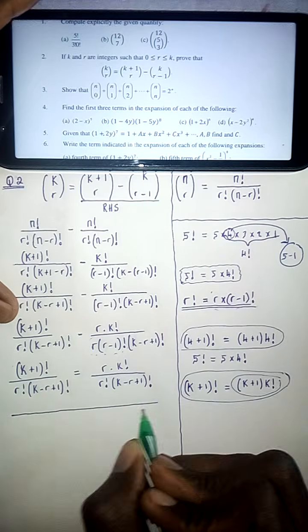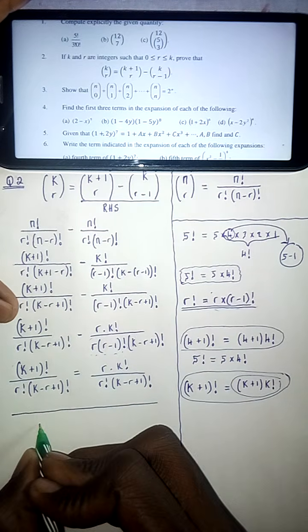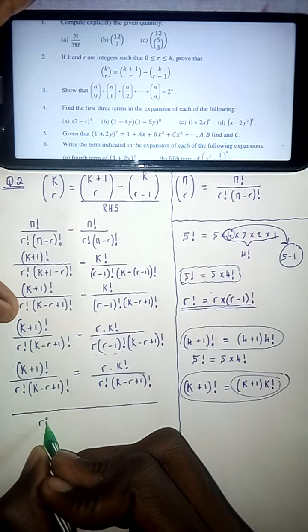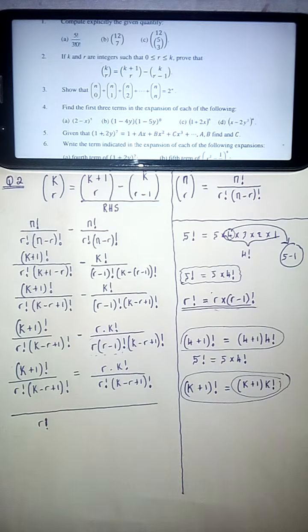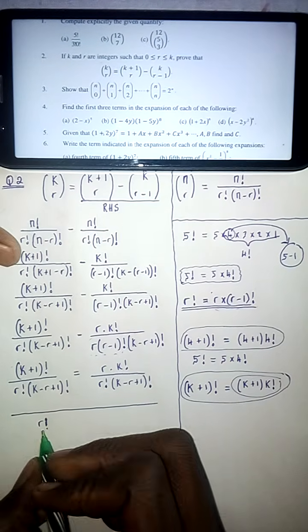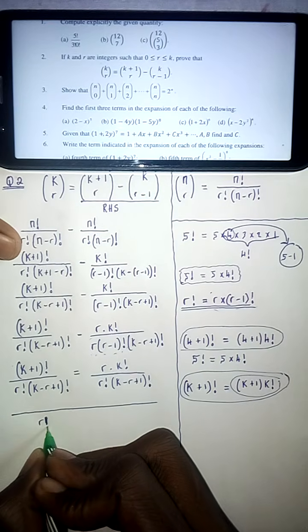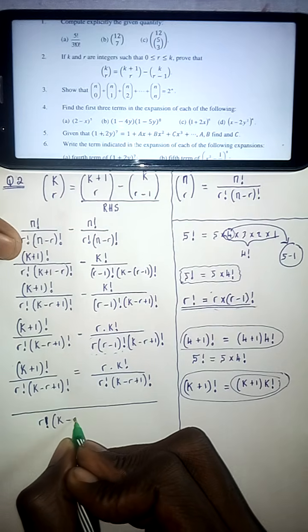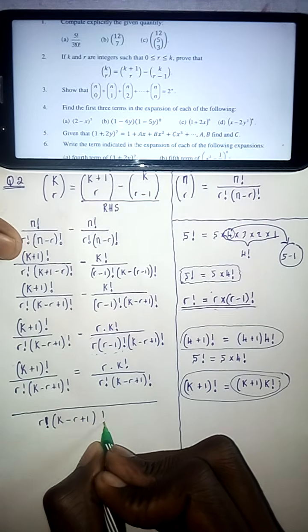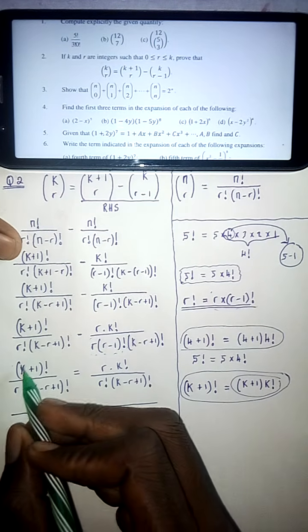let's simply find the common denominator. Well, the common denominator is simply this. Yes, guys. So the common denominator is this into this one multiplied by this.